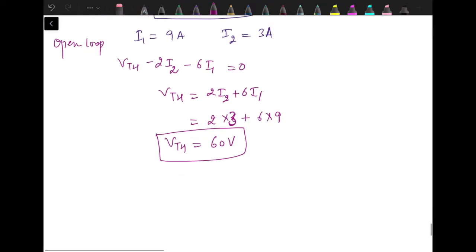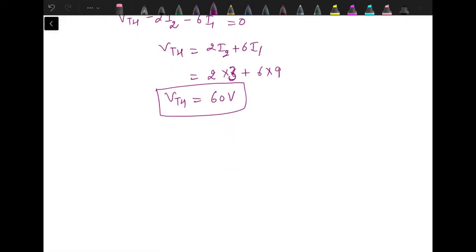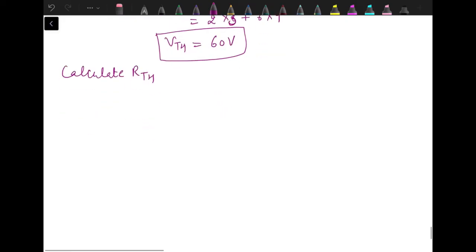So next step is we need to calculate RTH. We have only one voltage source, that should be replaced by a short circuit.